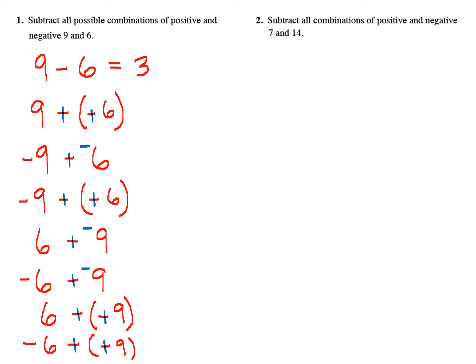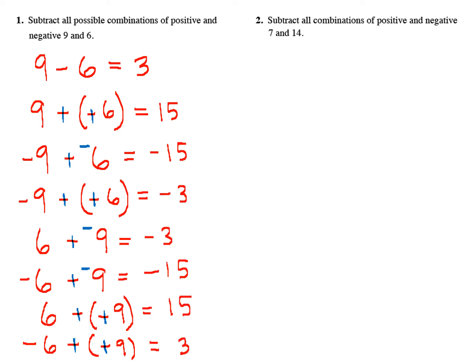Negative 6, negative 9: negative 15. Positive 6, positive 9: 15. And negative 6, positive 9: positive 3. Cool. So go down the list here just to check your answers. There they are. Are we good there? I think so. We're cool.